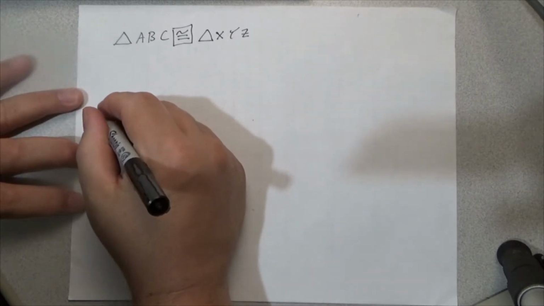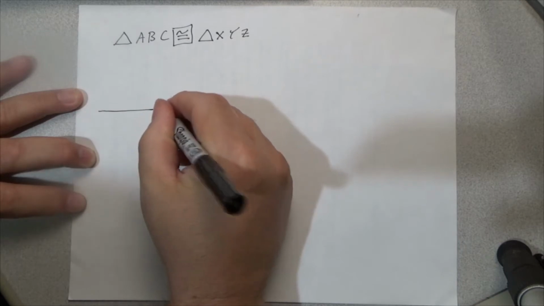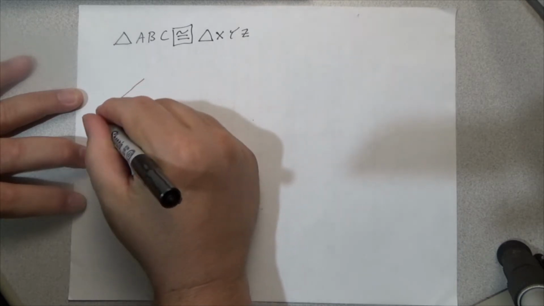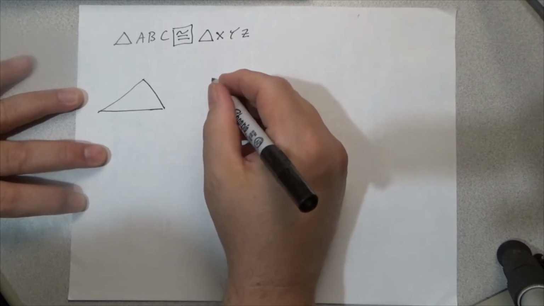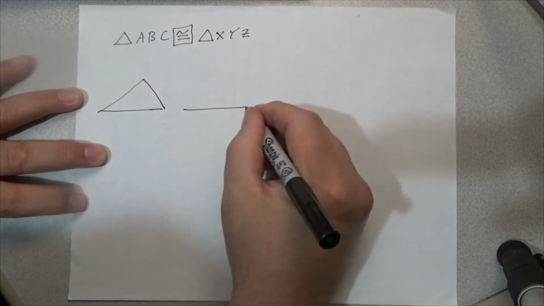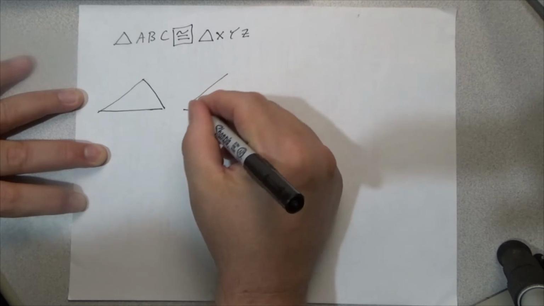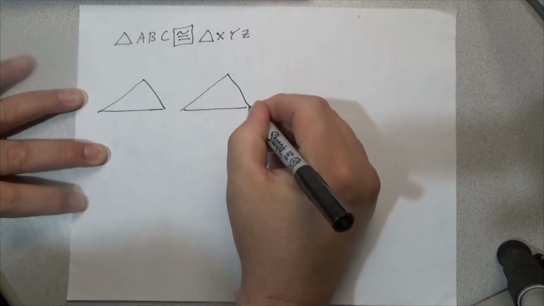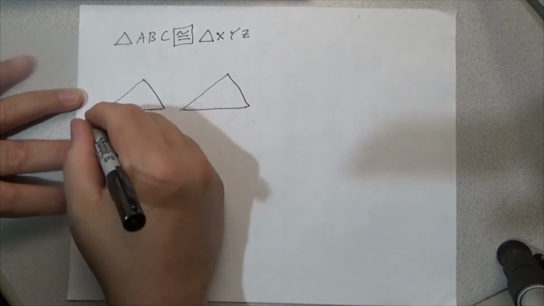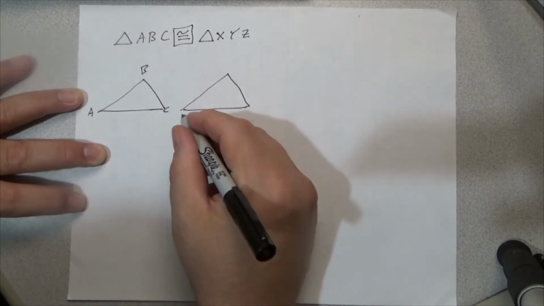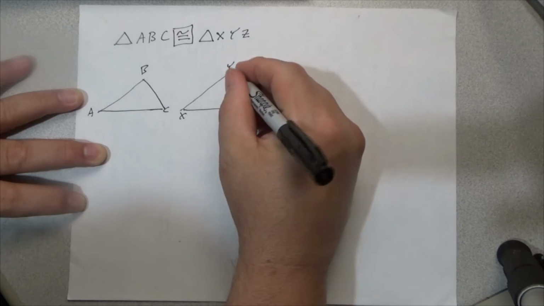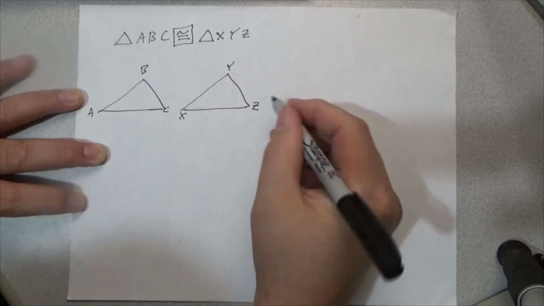So let's draw a couple of them. If I have a triangle like this, and let's say another one, let's just draw them exactly like that. And let's call this one ABC, and let's call this one XYZ. Okay?